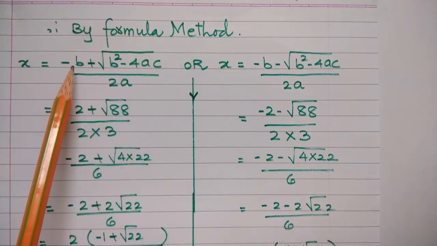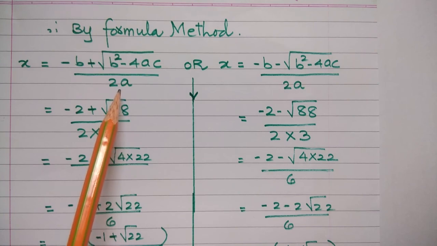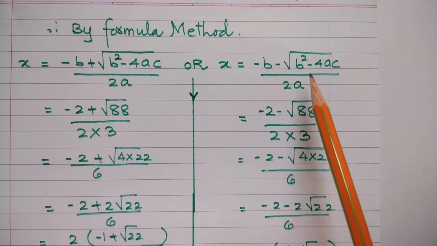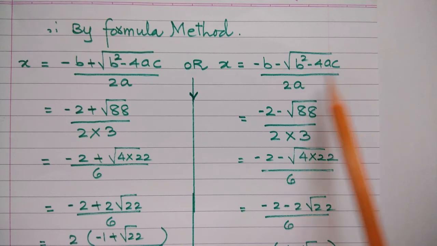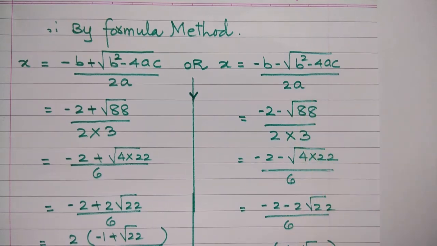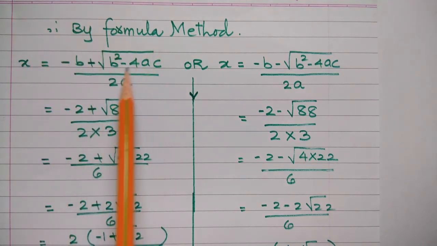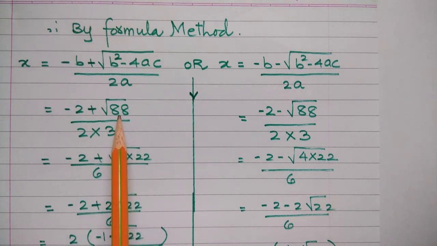x is equal to minus b plus under root b square minus 4ac upon 2a, or x is equal to minus b minus under root of b square minus 4ac upon 2a. Let us substitute the values. Minus, value of b is 2, plus under root of b square minus 4ac is 88.